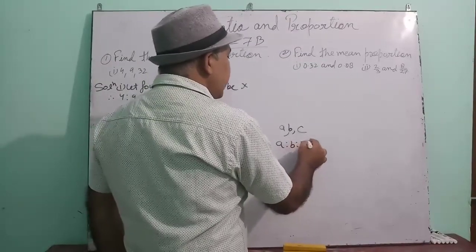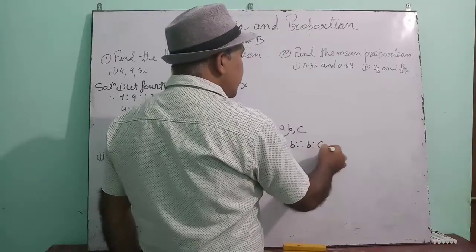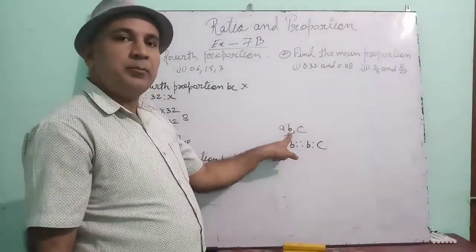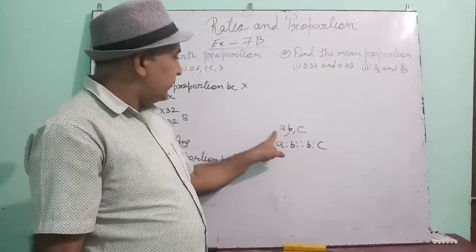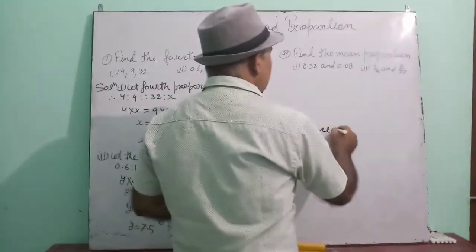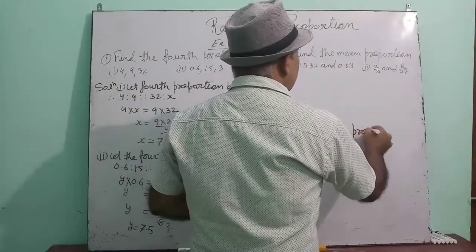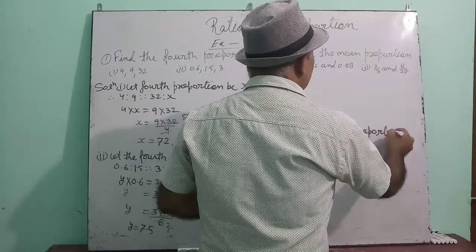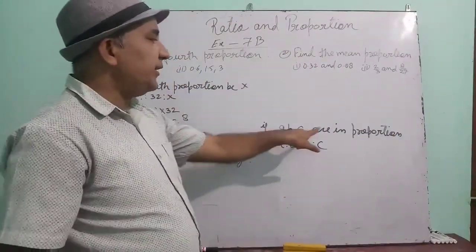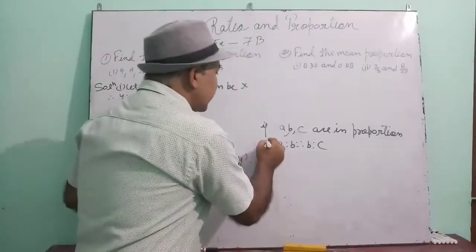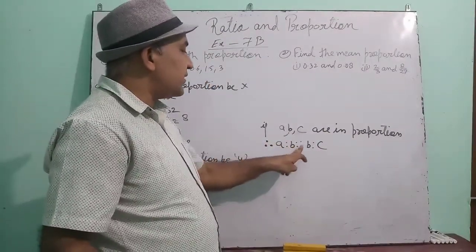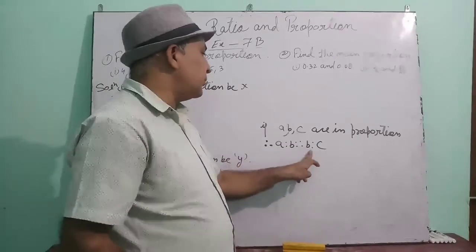Means A ratio B is proportion to B ratio B ratio C. Then this B is called the mean proportion. If three numbers are in the proportion, then you will get A ratio B such that proportion to B ratio C.